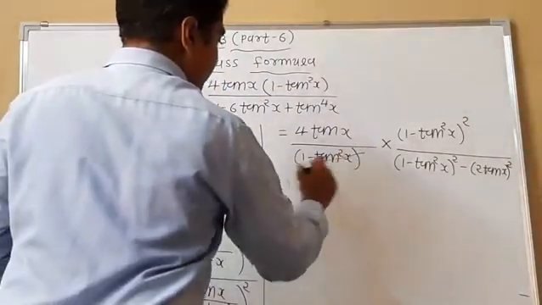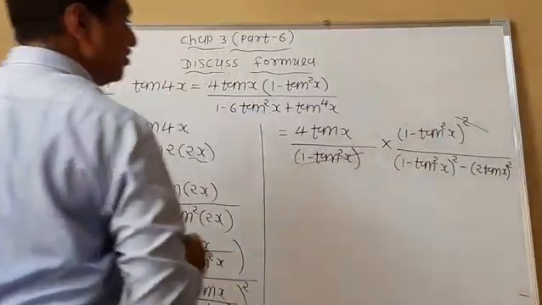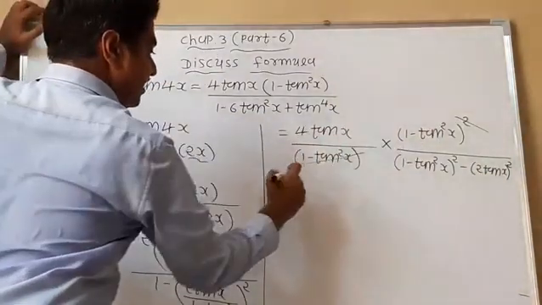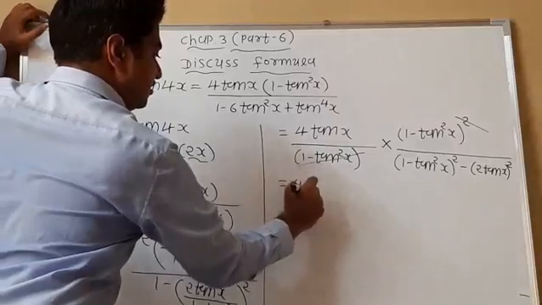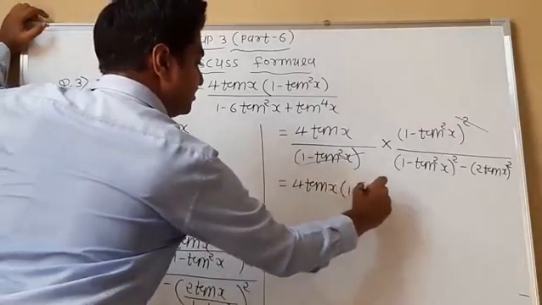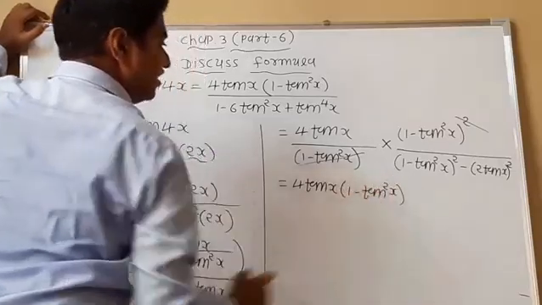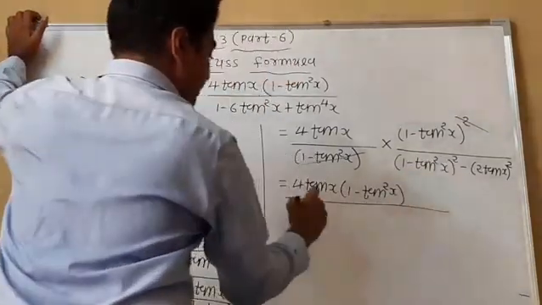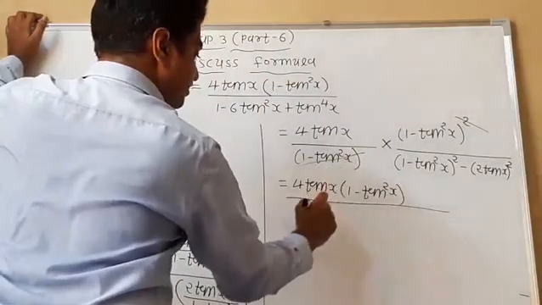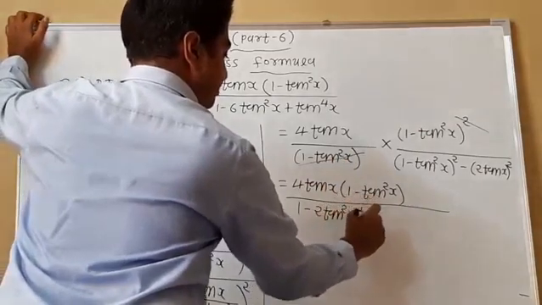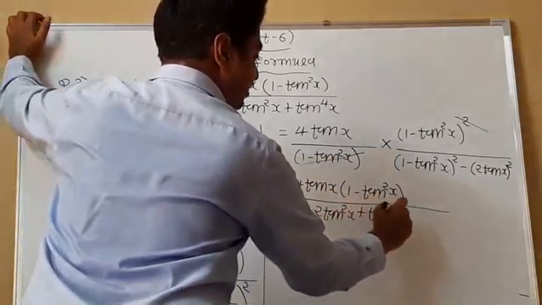Now (1 − tan²x) cancel out one term, so remaining term 4tan x into bracket (1 − tan²x) upon, in denominator term, 1 − 2tan²x + tan⁴x.